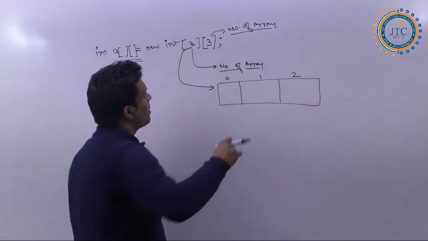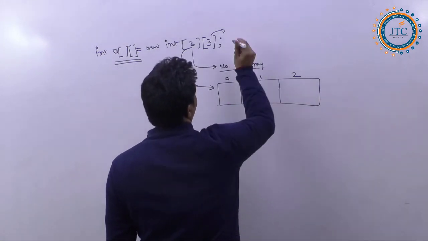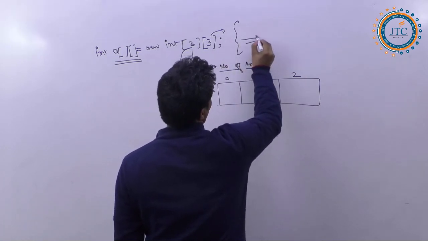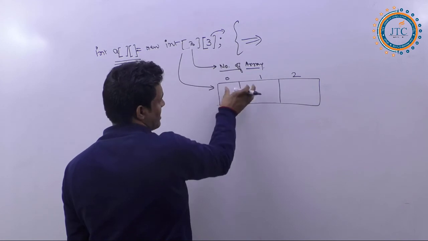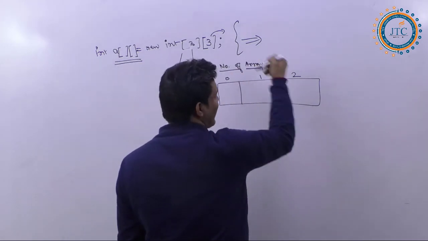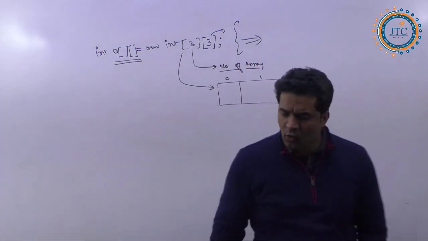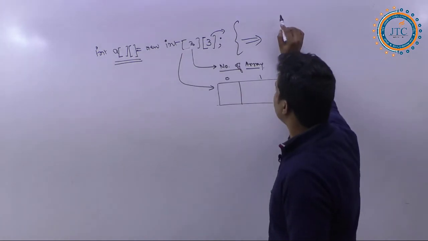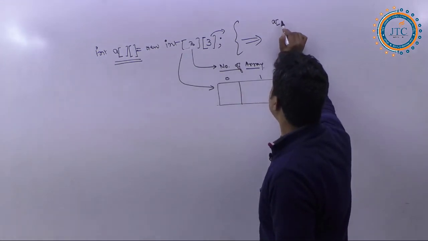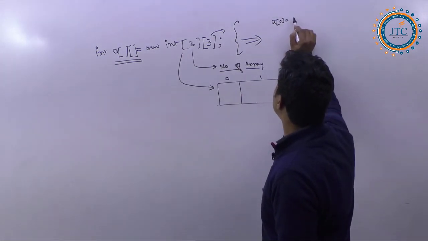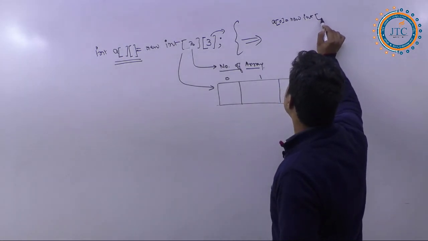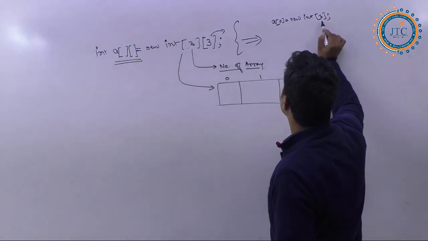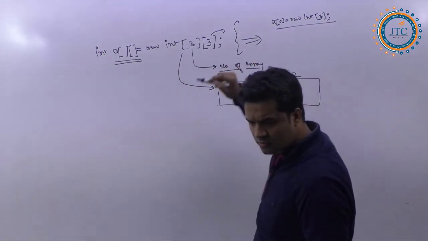And if we look more elaborately at what exactly this is, internally it works something like this: a of 0 is equal to new int of 3.